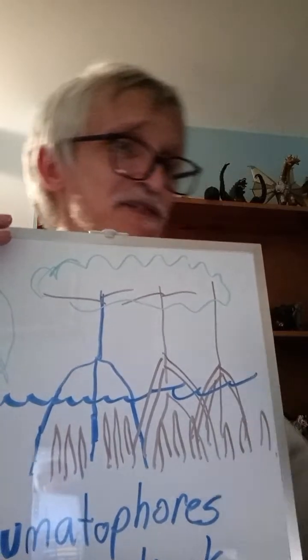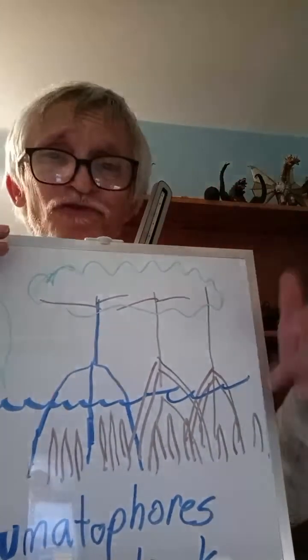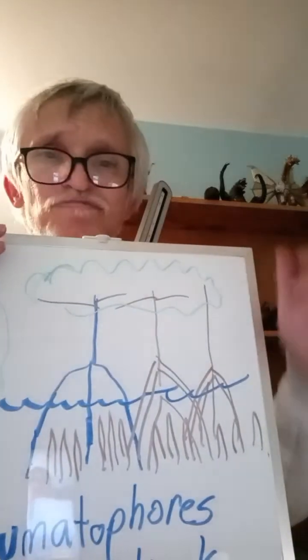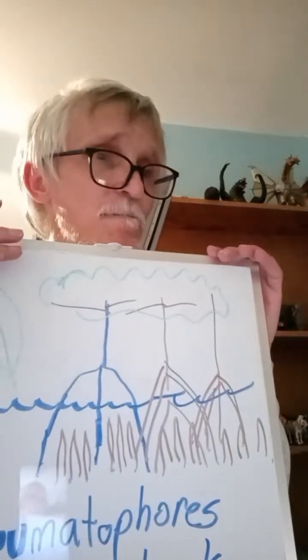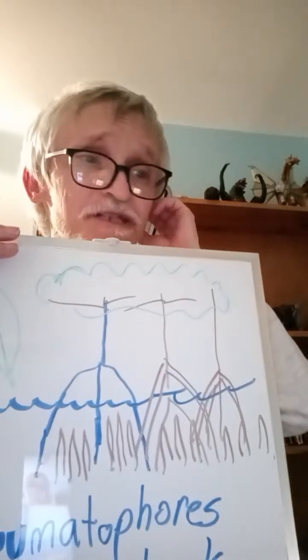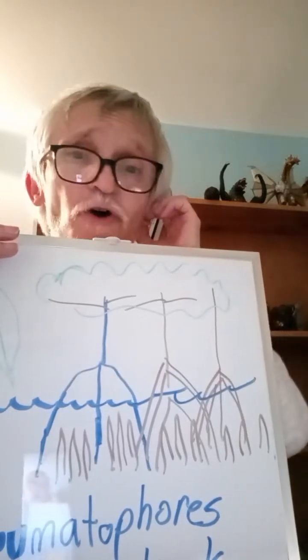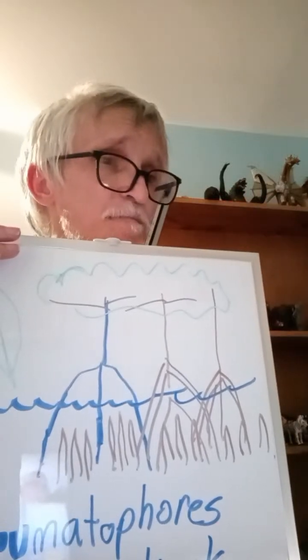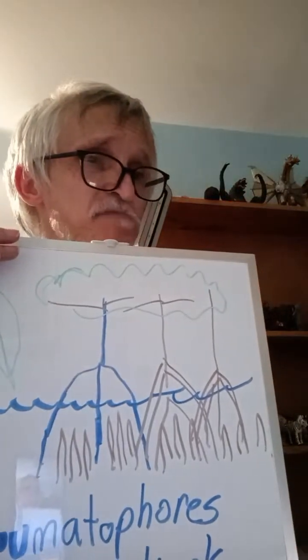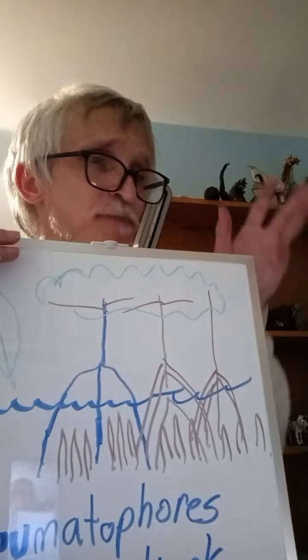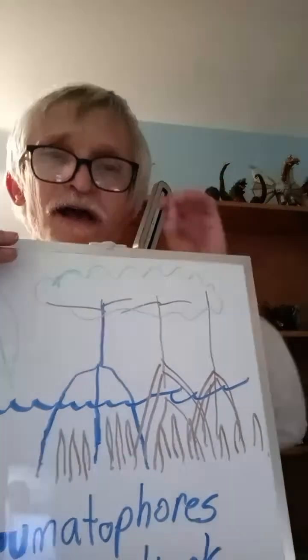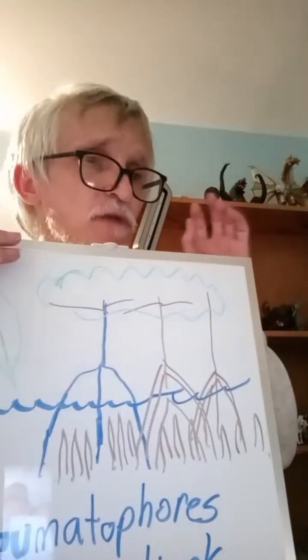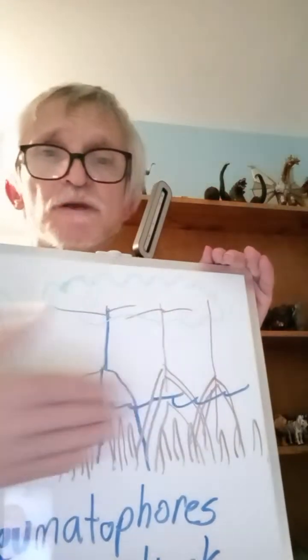Some of these guys can radiate out about 33 feet from the trunk. Oftentimes, these specially adapted roots are what keep the trunk out of the water. Again, very important because you wouldn't want it to rot.